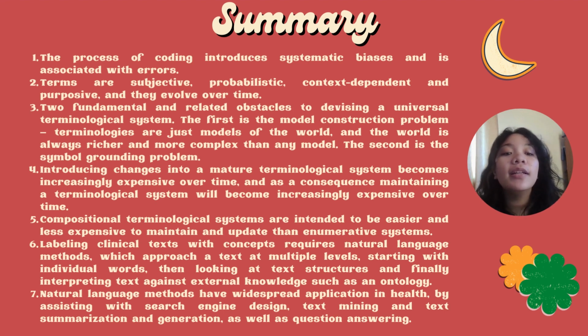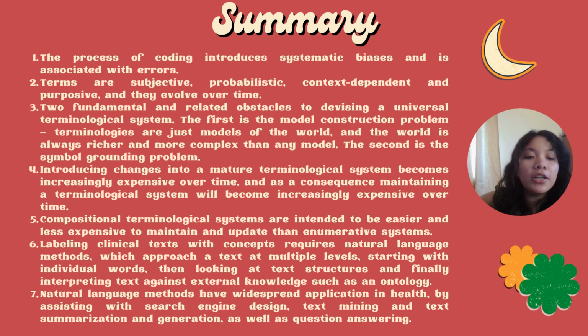Sixth, labeling clinical text with concepts requires natural language methods, which approach a text at multiple levels, starting with individual words, then looking at text structures, and finally interpreting text against external knowledge, such as ontology. Seventh, natural language methods have widespread application in health by assisting with search engine design, text mining, and text summarization and generation, as well as question answering.